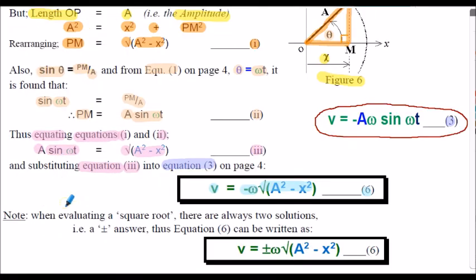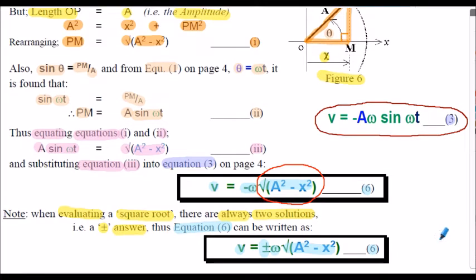And just note for reference, when evaluating a square root, this term here, there are always two solutions. That is always a positive and negative answer. So equation 6 can be written as shown below. V is equal to positive and negative omega multiplied by the square root of A squared minus x squared. A more general format for equation 6.